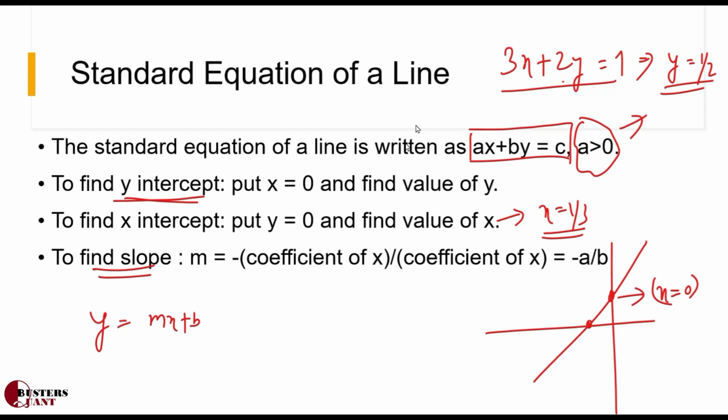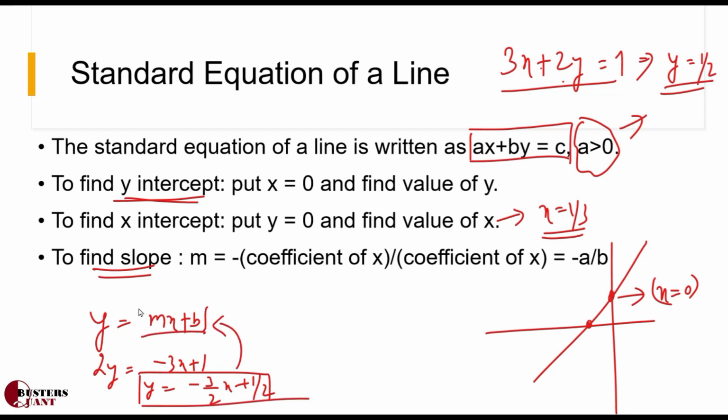So if I convert this line into this format, it will be 2y equal to minus 3x plus 1. Now y is equal to minus 3 by 2 x plus 1 by 2. So now if I compare this to the standard slope-intercept form, m equal to minus 3 by 2. This way we can find.